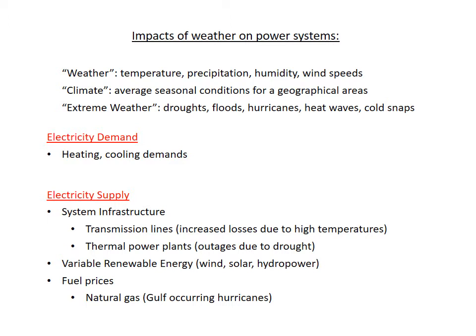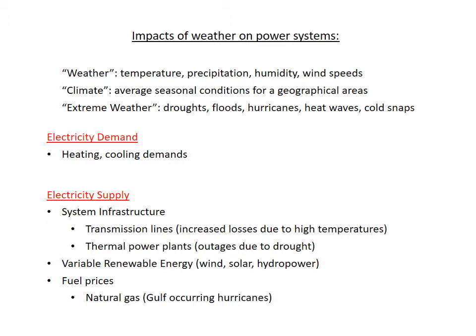So we're not just talking about generation here, we're talking about system infrastructure at large, so that includes transmission lines, as well as power plants, or more conventional thermal power plants. Transmission lines are impacted by high temperatures. Thermal power plants are impacted by loss of cooling water. That can happen because of drought or high temperatures or both.